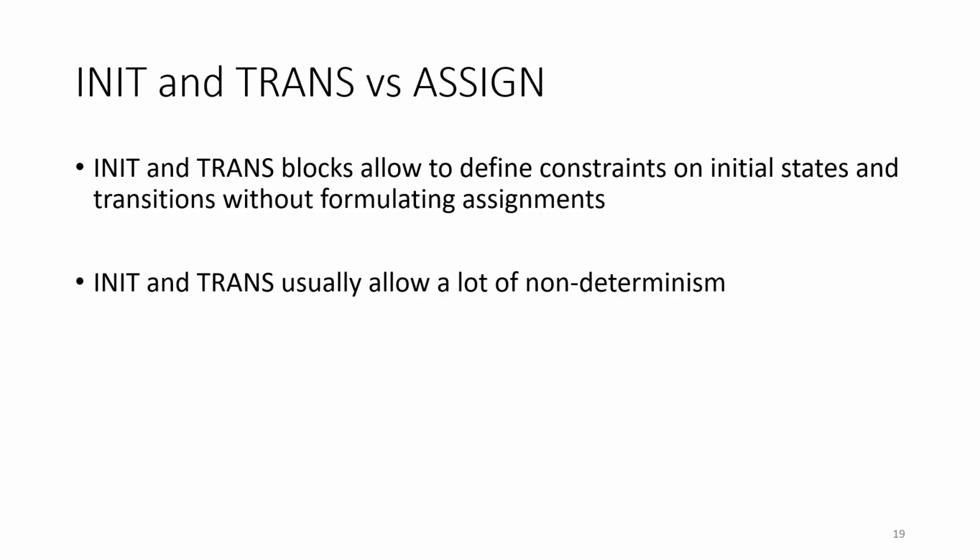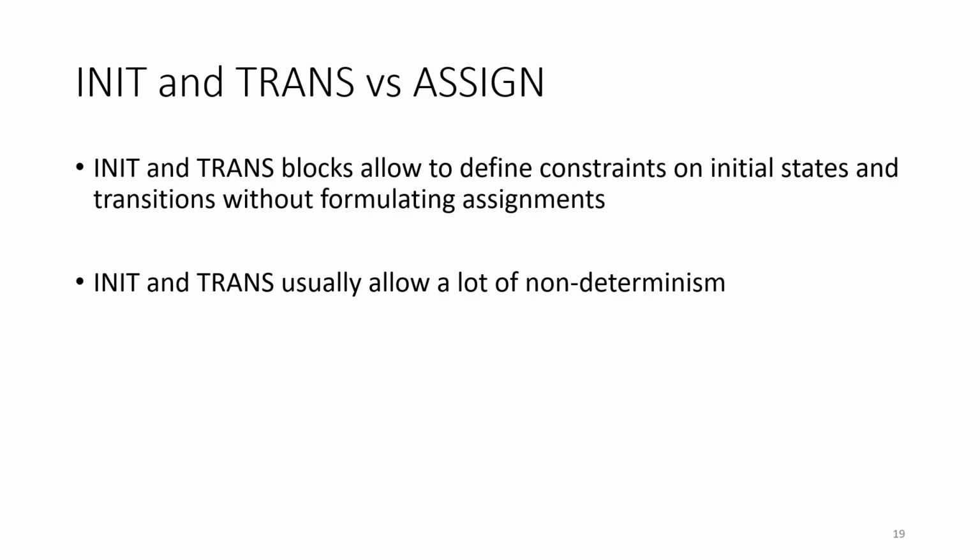And in a programming language, you usually don't even have the non-determinism. And in the init and trans blocks, it's even worse. You just say there is something that needs to hold for consecutive states, but how exactly that's achieved, we don't know. How the robot exactly moves from one cell to the next, we don't define it.